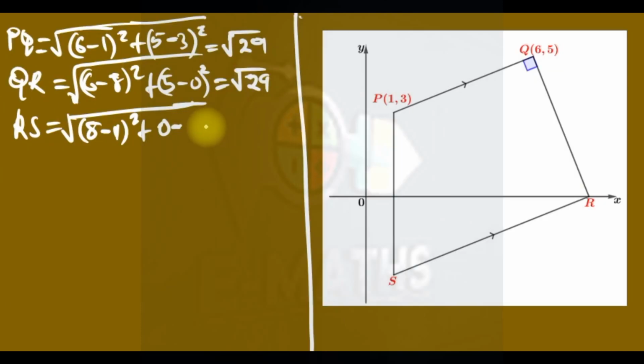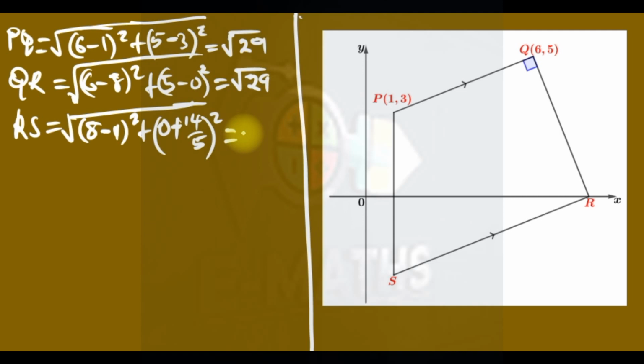So minus, so we have plus 14/5 squared. So 8 minus 1 is 7. And we know that 7 squared is 49. So we have 7 squared plus 14/5 squared.